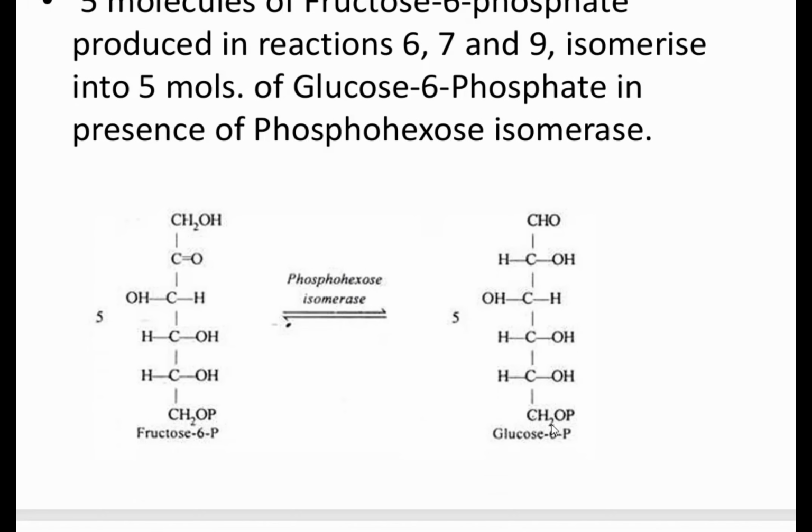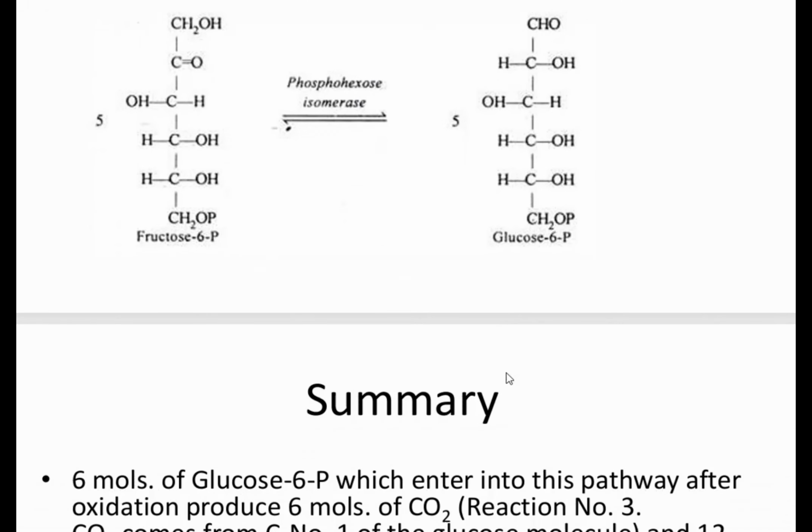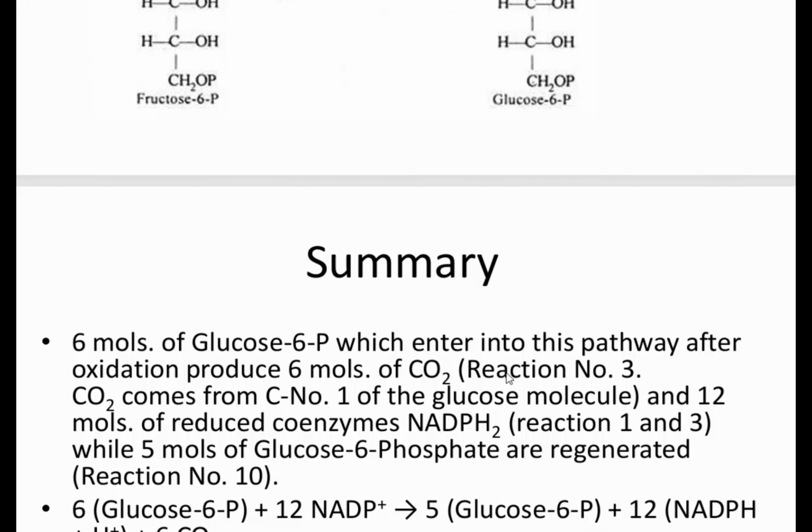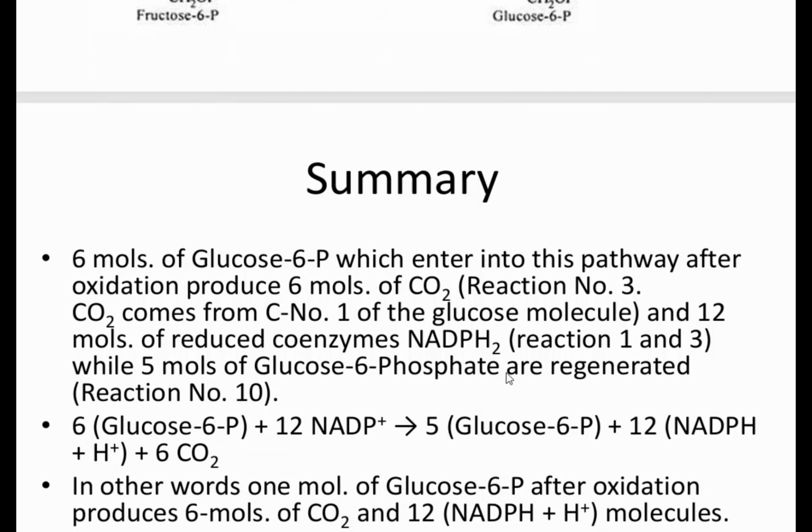So if we get the summary of this reaction sequence, 6 molecules of glucose 6-phosphate which enter into the pathway after oxidation produce 6 molecules of carbon dioxide in reaction number 3, from carbon number 1 of the glucose molecules, and 12 molecules of reduced coenzyme NADPH in reactions 1 and 3, while 5 molecules of glucose 6-phosphate are regenerated in reaction number 10.